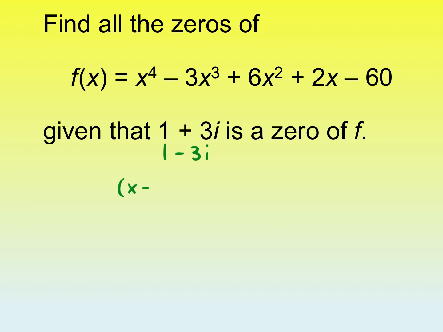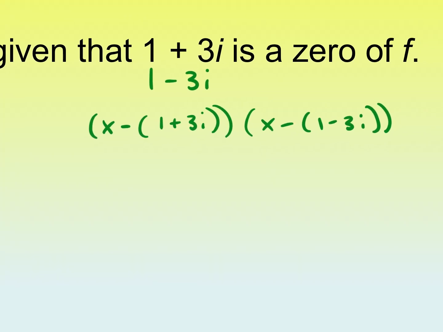We've got x minus our zero, so x minus (1 plus 3i), and x minus (1 minus 3i). Now we have to be careful here because we have two terms. It's not just x minus a number. So I'm going to distribute the negative.